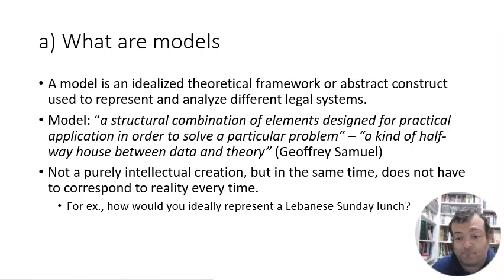But I give this example to illustrate the difference between an idealized representation of a phenomenon and the phenomenon itself. So when I create the idealistic representation of the phenomenon, it will help me identify if this phenomenon can be considered as a Lebanese Sunday lunch or not. But it doesn't mean that in every Lebanese Sunday lunch, all these elements must be present.